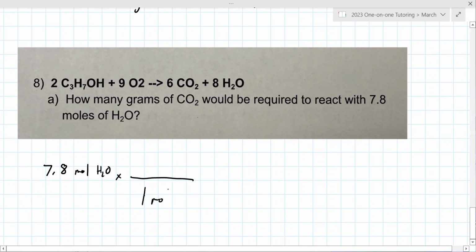So 1 mole H2O, because it's already in moles, you actually go right to the coefficients. You need moles of CO2 here because it's already in moles. CO2.